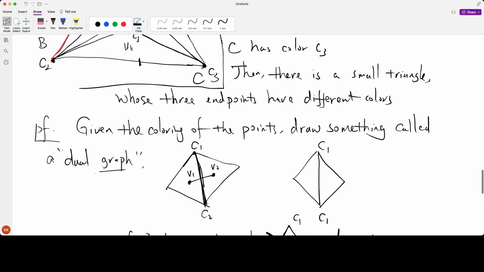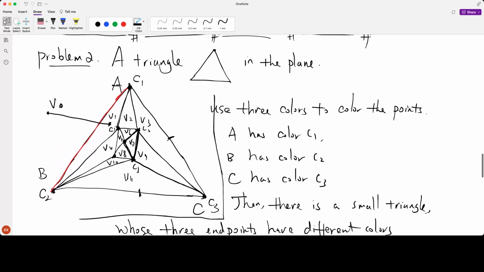Is it better than the previous problem? Okay, great. So I think it's very interesting, but the difficulty is usually how you integrate the problem into a graph theory problem.